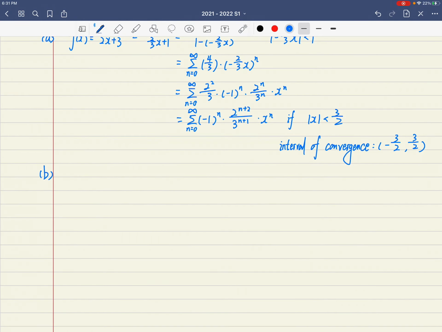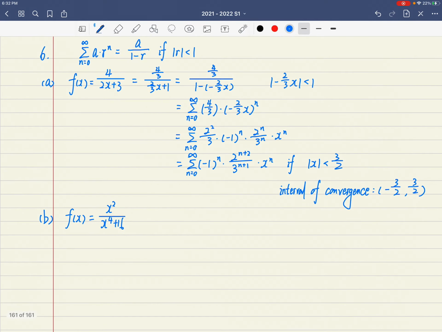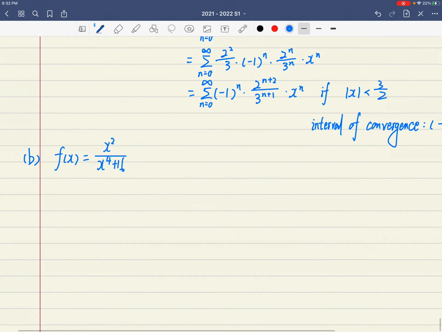Okay. So let's do part B. In part B, we have x squared on the top, and x to the power 4 plus 16 on the bottom. Again, the first step, I want this constant to be 1, right? So I divide both the top and the bottom by 16. I divide the top by 16, I get this.